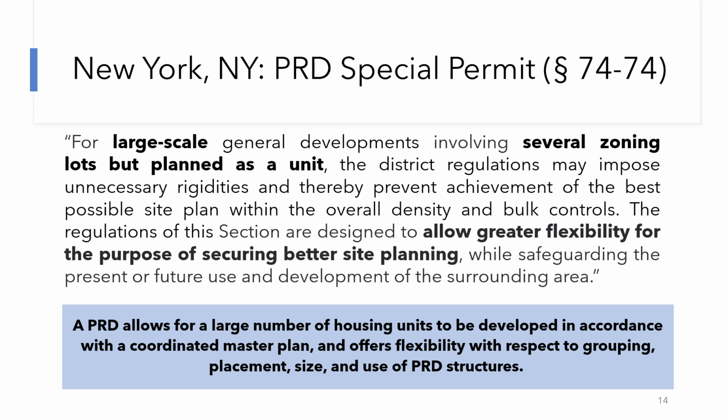Here's another one. This is from New York City. In this case, it's not a district. This is a special permit. But notice that it's large scale, so it's talking about a large area, several zoning lots, but planned as a unit. I'm starting to think master plan here, allowing greater flexibility for the purpose of securing better site planning.